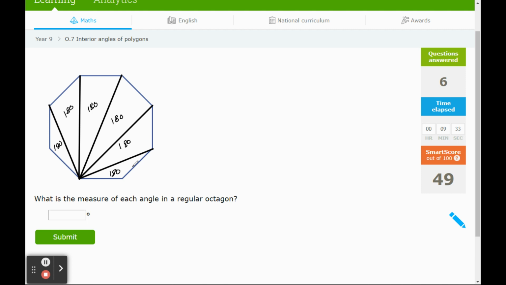So the sum of the interior angles is going to equal 180 times 6, which is 1080 degrees. So what does that mean? It means that if we add up all of those angles, it's going to add up to 1080.